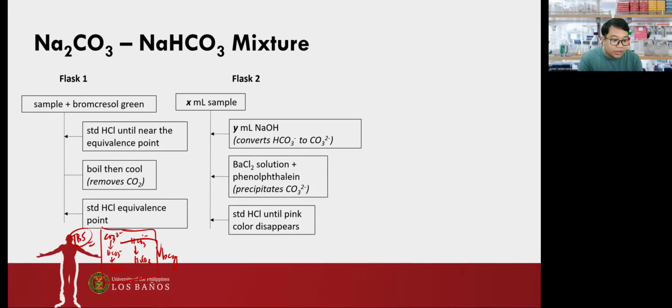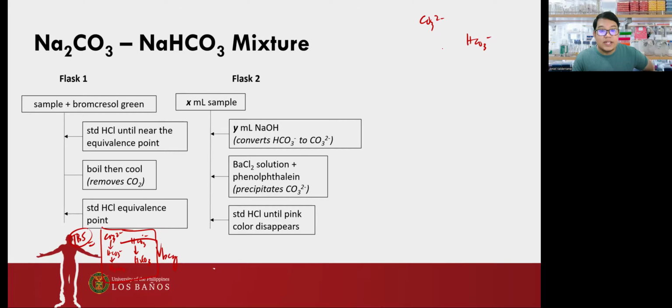Okay. Ano nangyayari dito? So dito meron tayong, originally we have CO3 2 minus, then we have bicarb. Okay. So dito, ang first step is naglagay ng OH minus.